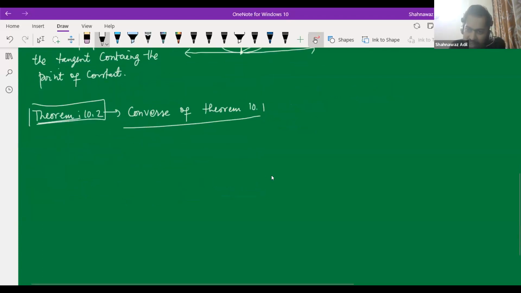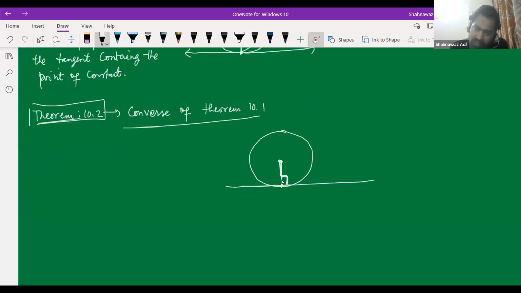It states that if you have a tangent and you draw a radius to the point of contact, and if the radius is perpendicular to this tangent, then it would be a tangent.